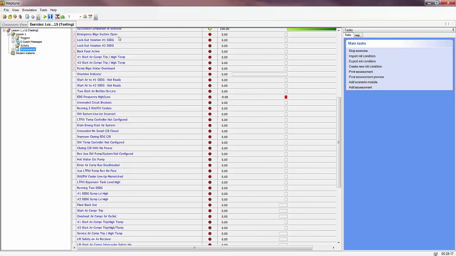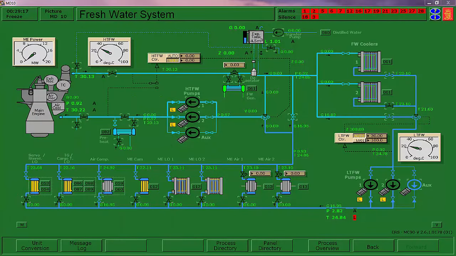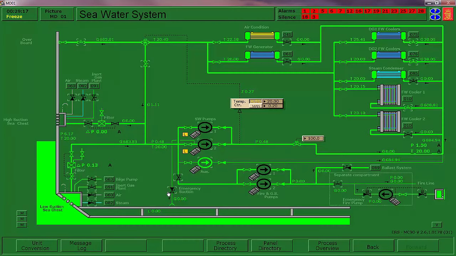If you open the emergency bilge suction valve, this valve, if I opened that, I could pump bilge water out of the bilge and it would go through the saltwater system and over the side. That would be a critical error.